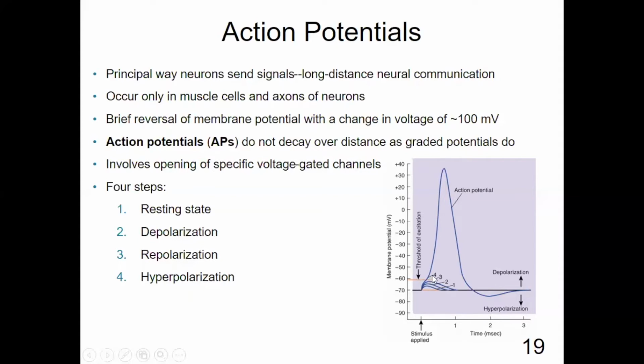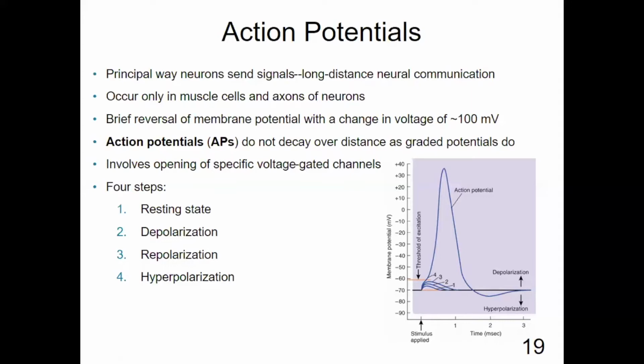So stimulus number 4 was strong enough for the cell to depolarize to the point of this threshold. Once this threshold is reached, an action potential is triggered, and the action potential you can see is this large upward and then downward deflection in the membrane potential.